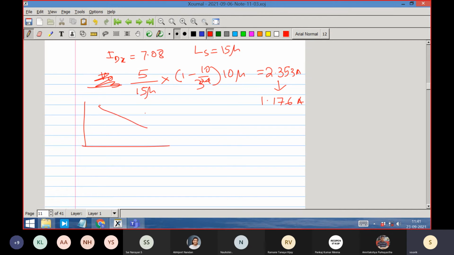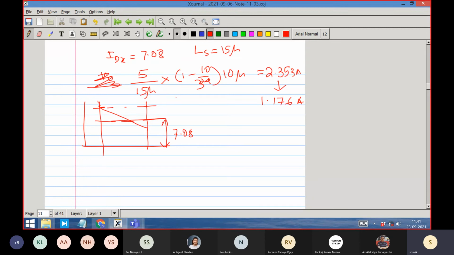So let us qualitatively sketch it. This current peak will be at this level. The middle point is here, 7.08. So the peak is how much?